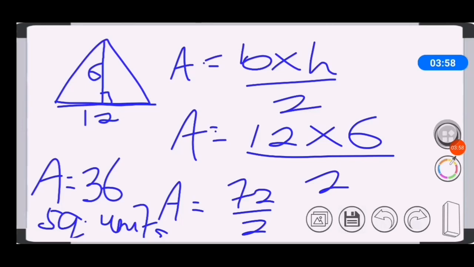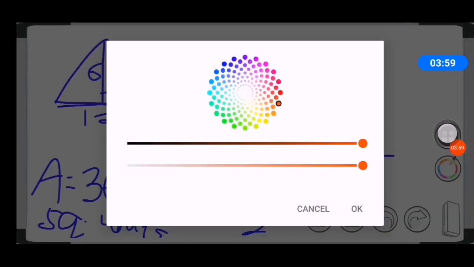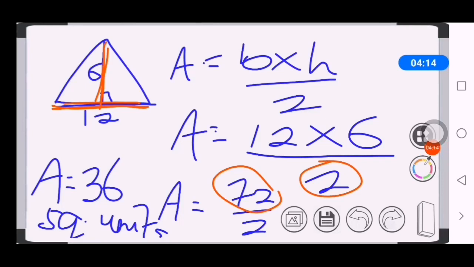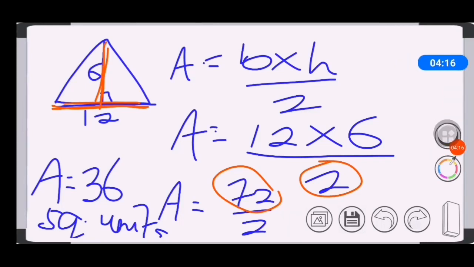What did I do? I looked for the base in the triangle, which is 12. I multiplied that by the height in the triangle, which is 6. So 12 times 6, I got 72. Then I divided by 2. Someone may ask, where did we get the 2 from? Because a triangle looks like half of a parallelogram or half of a rectangle.